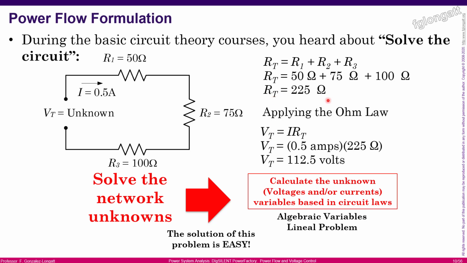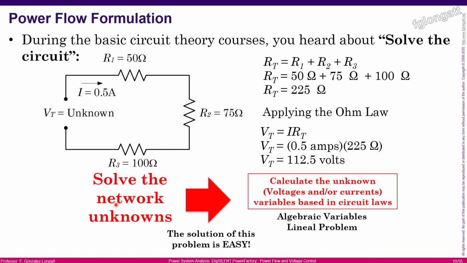In this case, the total resistance is 225 ohms, the current going through the circuit is 0.5 amps, and then using Ohm's law, you get the value of the unknown variable, in this case, terminal voltage, and the numerical value, 112.5 volts.